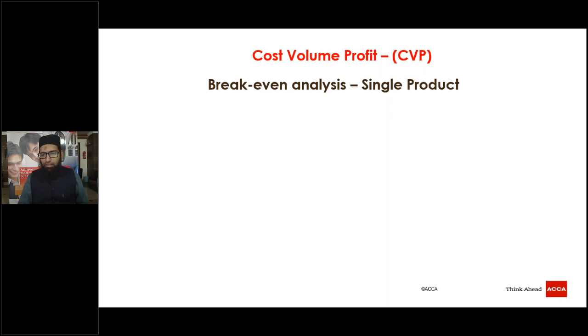One is CVP, the other is pricing, then we have relevant costing, linear programming, and risk. And if we break them down, we have two different kinds of sections.